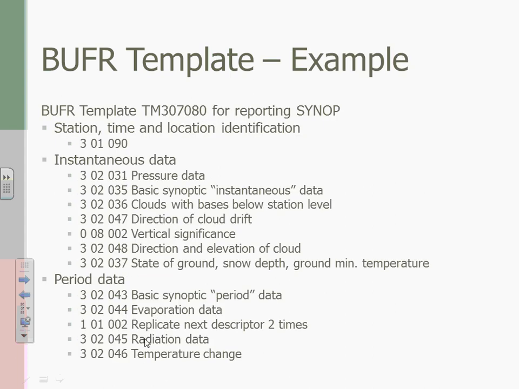So an example BUFR template is 307080. This part is actually a table D entry, and it is a convention that TM and the table D number is sometimes used for representing a template.